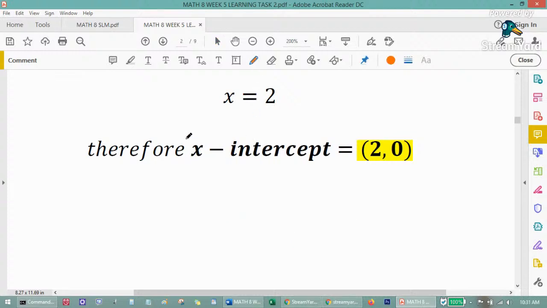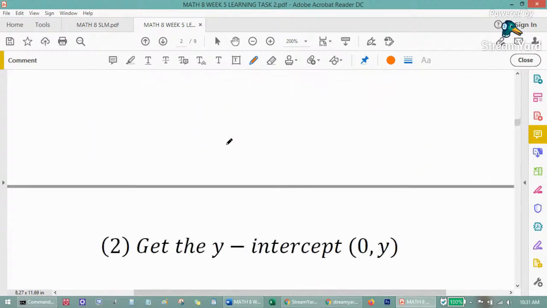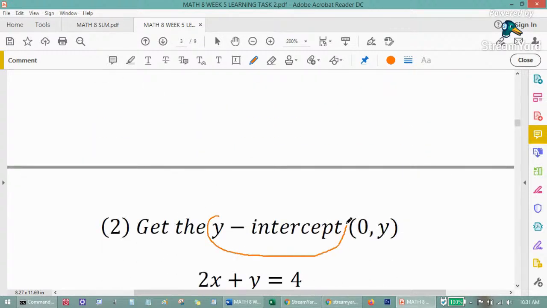So, balikan natin. Meron na tayong x-intercept. Ang hahanapin na lang natin is the y-intercept. Sa y-intercept, ang x naman ay palaging 0. Tatandaan lang natin, kapag ito y, dapat y din yun. And palaging 0 yung isa, yung x.